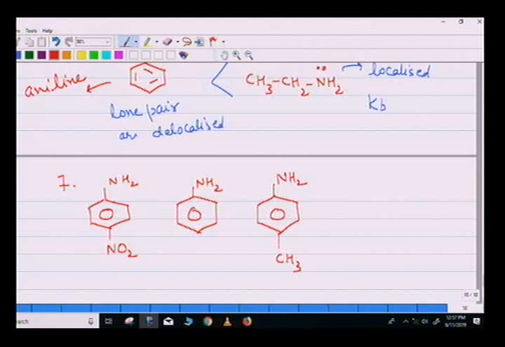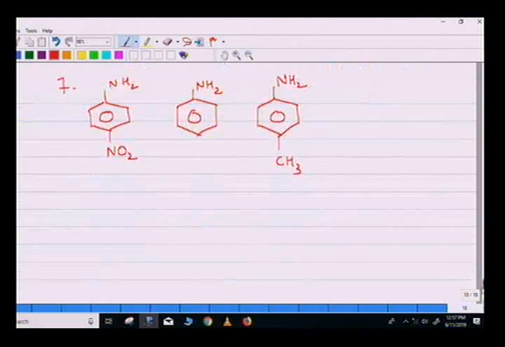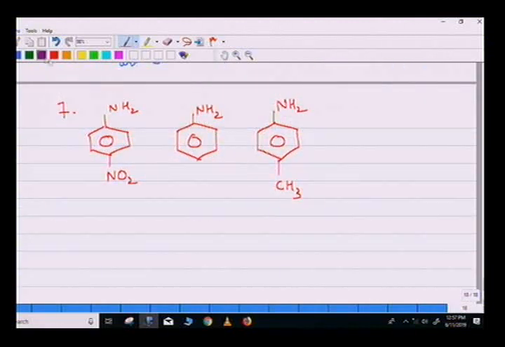What is the answer? 3, 2, 1. So this will be the answer, right? CC2 center, I hope you are getting it. So here basically, you have to check that nitrogen already has the electron density to donate.